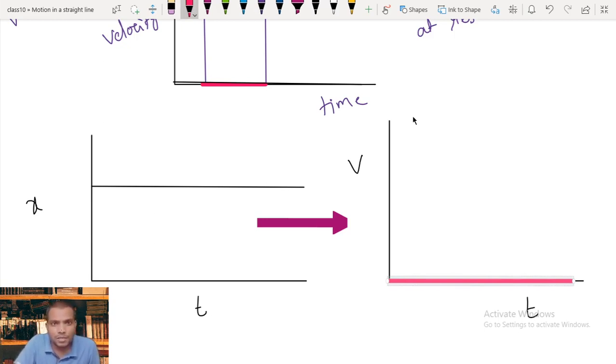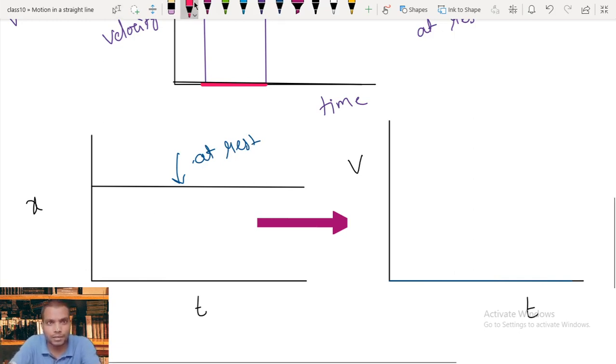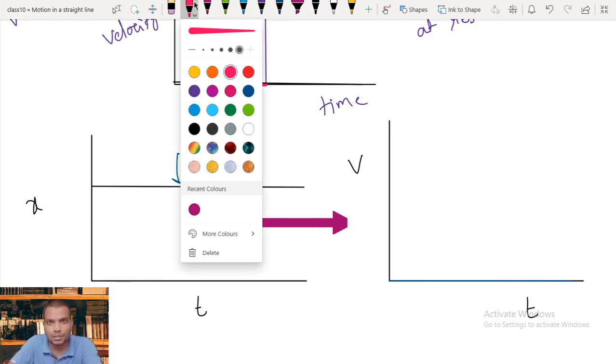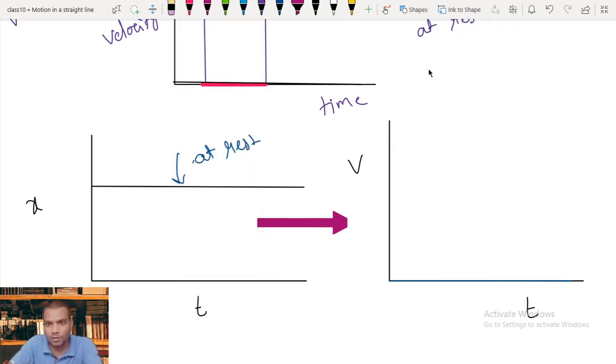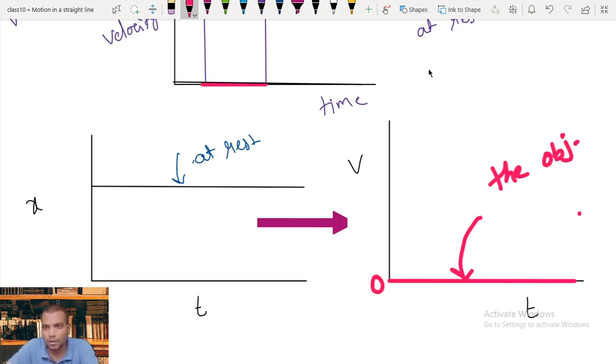So this is the graphical representation for an object at rest in the position versus time graph, and this is the graphical representation on the velocity versus time graph. So the velocity versus time graph at 0 represents the object is at rest.